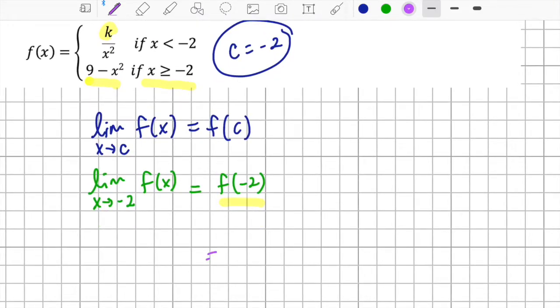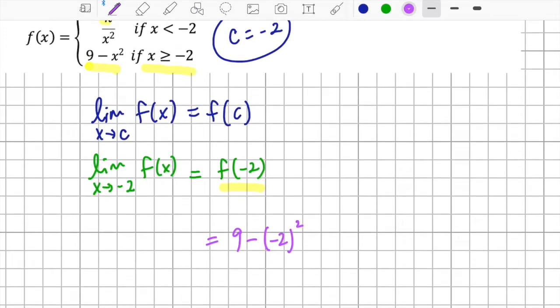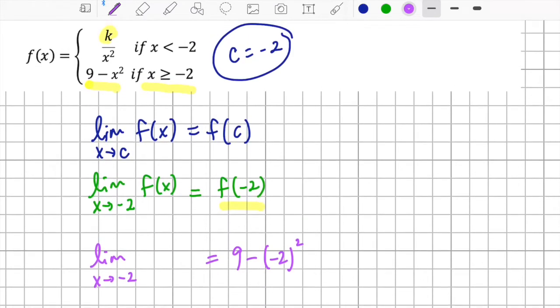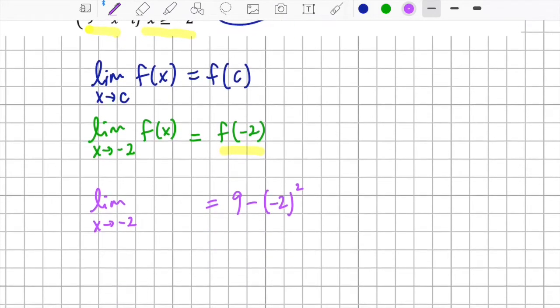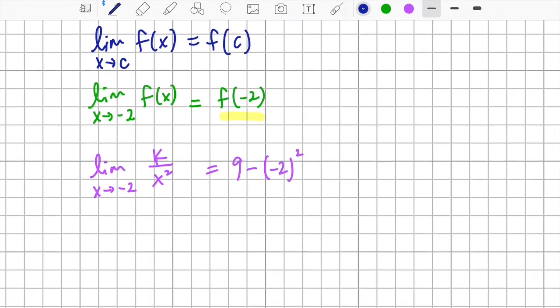So on the right side, I'm going to get 9 minus x squared, but instead of x squared, I'm going to replace it with negative 2 squared. Make sure you put parentheses around it. And that tells me that on the other side, limit as x approaches negative 2, it's the other function, which is k over x squared.